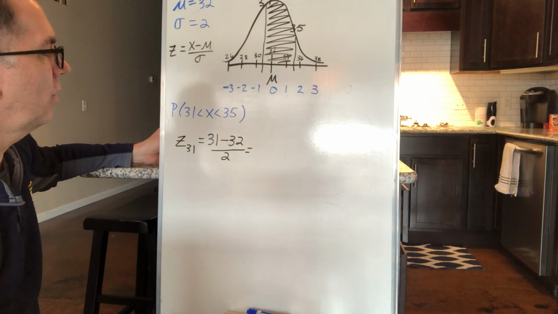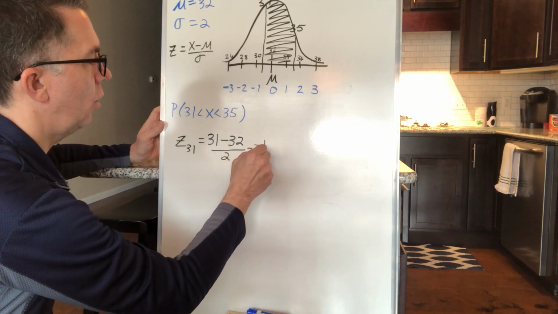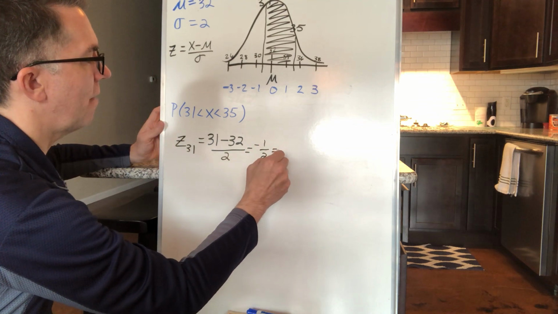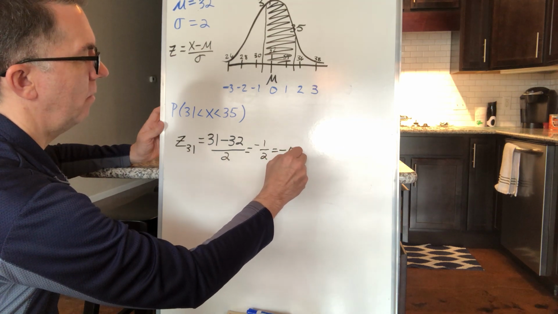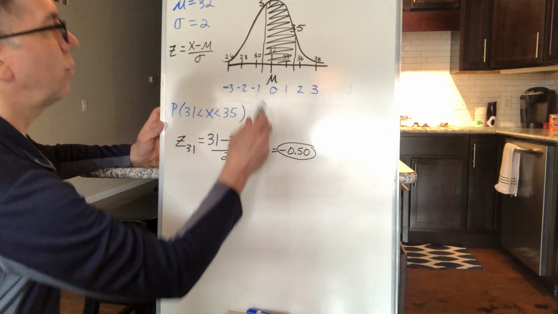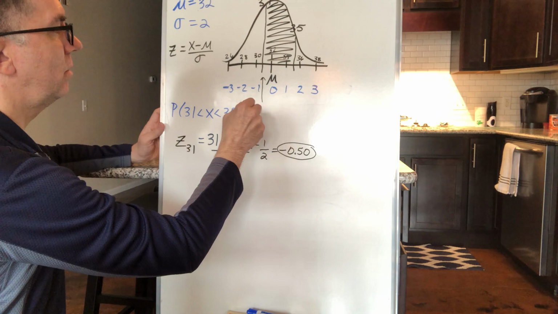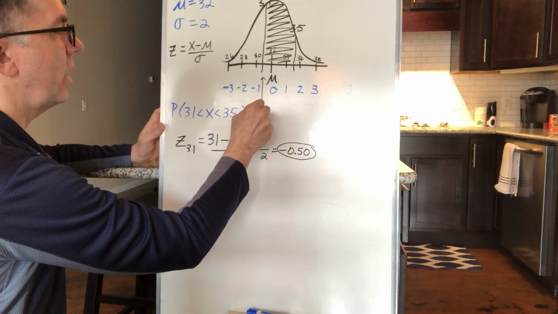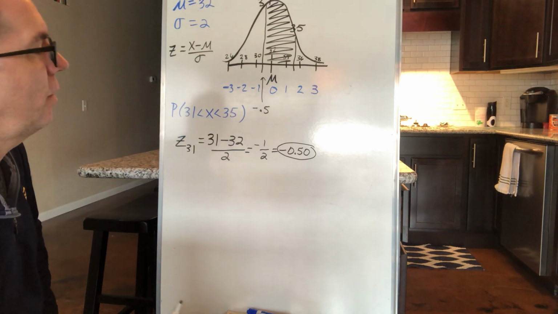So that z-score is, let's see, 31 minus 32 is negative 1, over 2 is negative 1/2, or negative 0.5. So that's what represents this value right here on our z-scale, negative 0.5. And that's right, it's between 0 and negative 1.